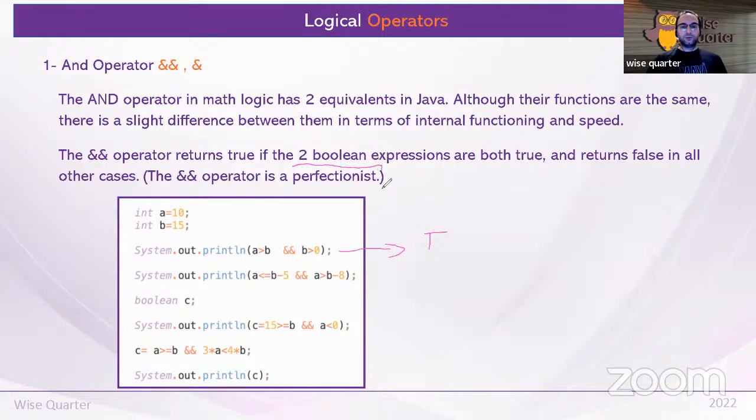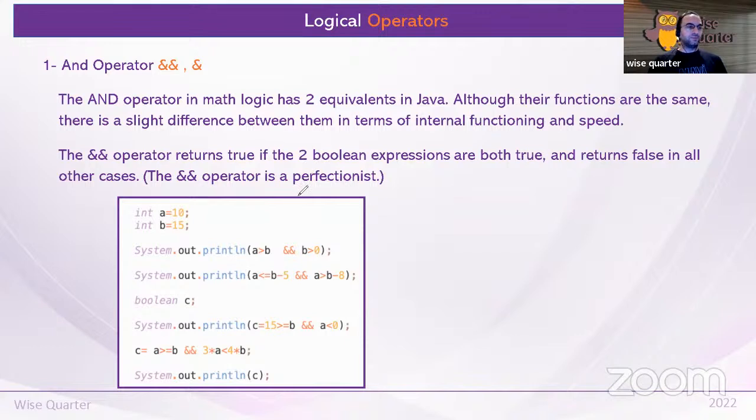Everything should be true for the perfect result. If we can detect one false, it will be enough to calculate the result, because if there is one false, the result will be false.